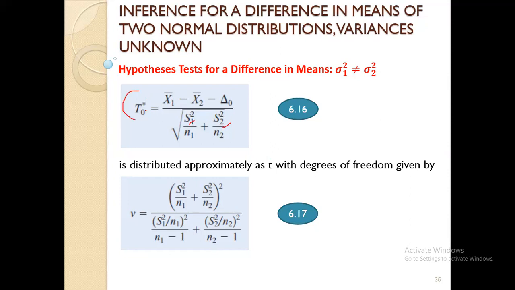But for t critical, when you find the t value, you need degree of freedom, right? Normally you use n1 plus n2 minus 2, but not here. The degree of freedom is estimated from this formula, which you have to use when you calculate manually.